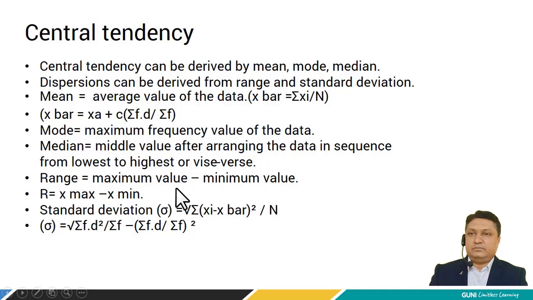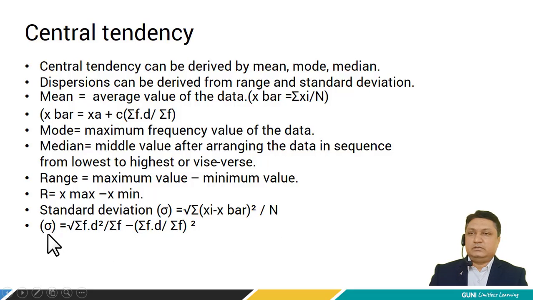Range may be defined as maximum value minus minimum value, or R is equal to x max minus x min. And standard deviation sigma can be defined as the square root of sum of xi minus x bar whole squared divided by n.